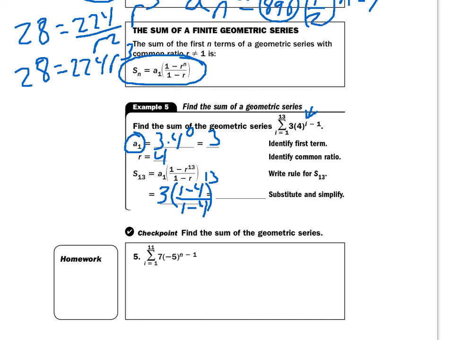So you put all that in your calculator. Notice that 1 minus 4 is negative 3. And this is 3 on the outside. So those things are going to kind of cancel each other out. You're going to end up with 6710863. Okay. Go ahead and do the checkpoint on the next one.